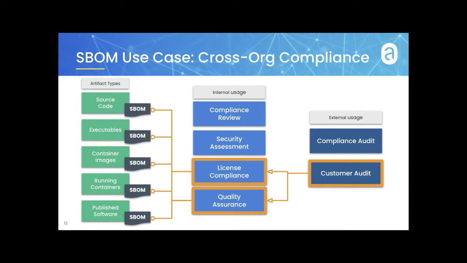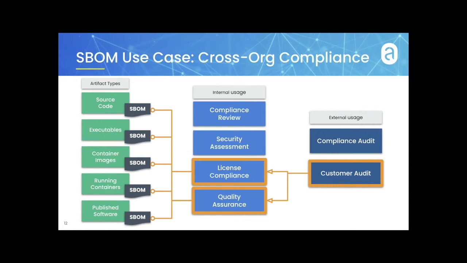So a customer might have their own license constraints saying these open source licenses are acceptable, these ones aren't, or if the software that we're consuming has dependencies under certain open source licenses, we at least need to know about it. That's kind of the traditional use case for this type of software bill of materials across the organizational boundary.